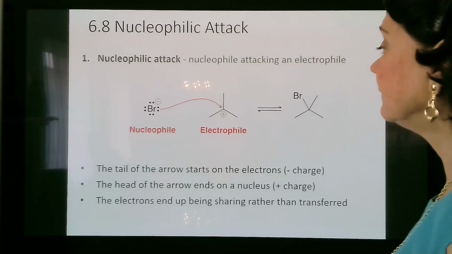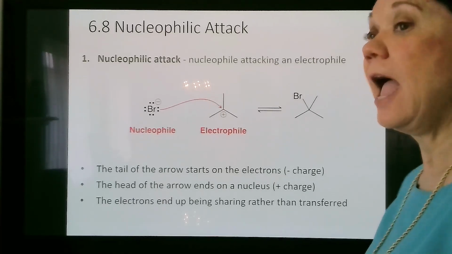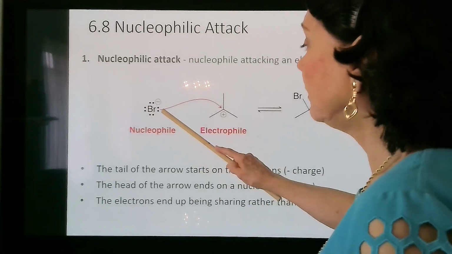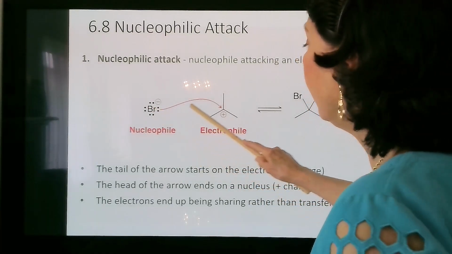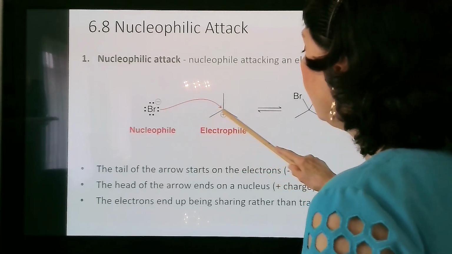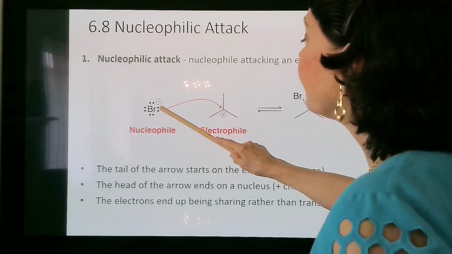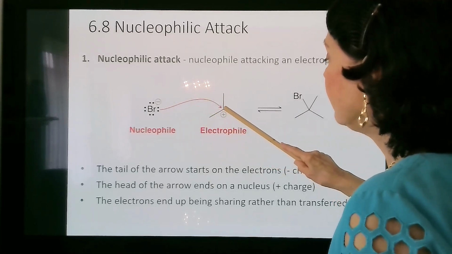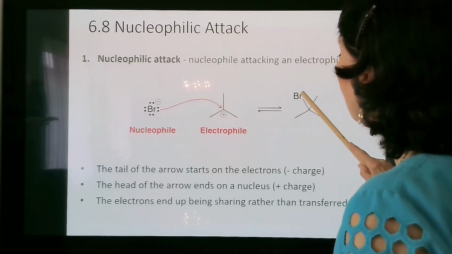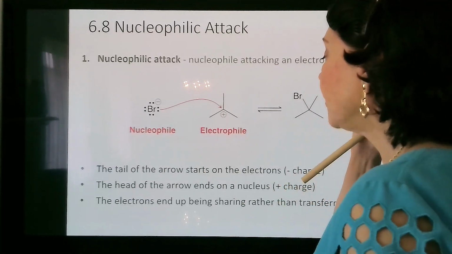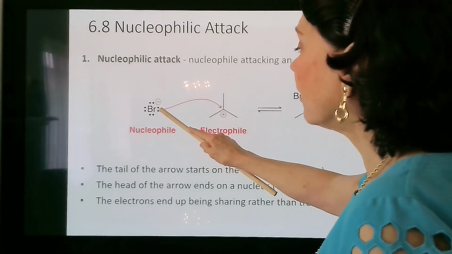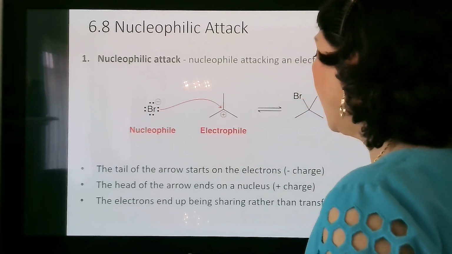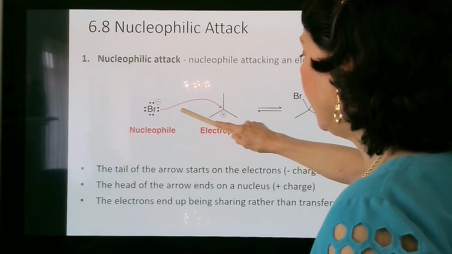Nucleophilic attack, that was number 1 in NLAR, remember? So here we show it's very simple, bromide coming in, the pair of electrons is going to occupy this empty orbital. So the pair of electrons comes in and attacks at carbon and forms a carbon-bromine bond. So the tail of the arrow starts on the lone pair, and it moves over.